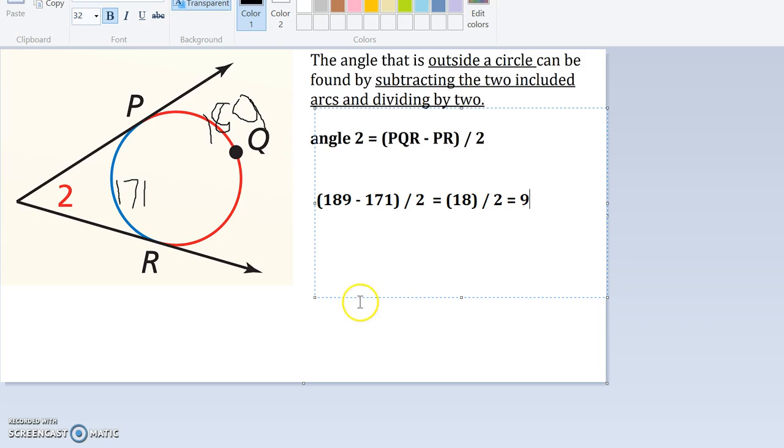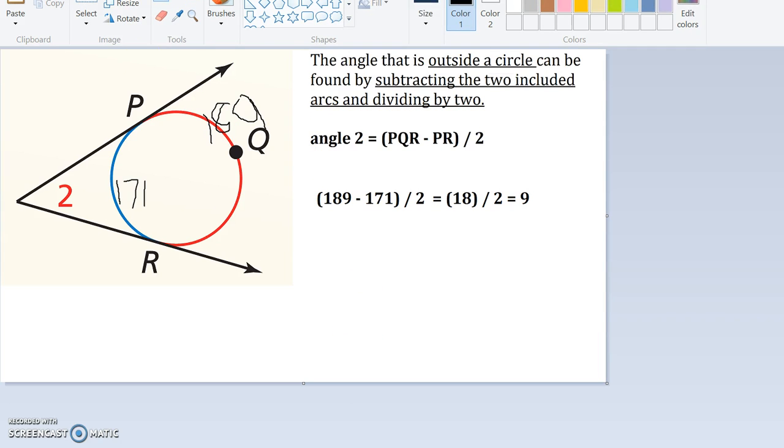So angle 2 would be 9 degrees. So that's really the main gist there.